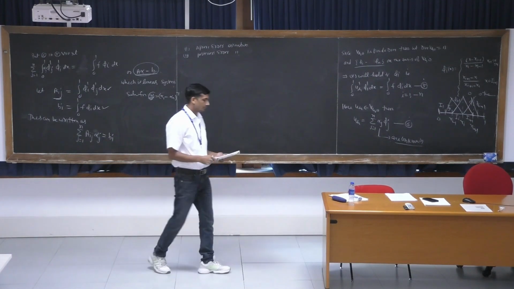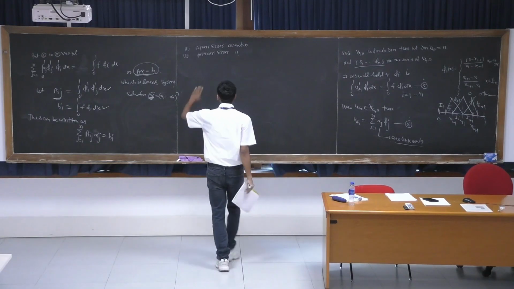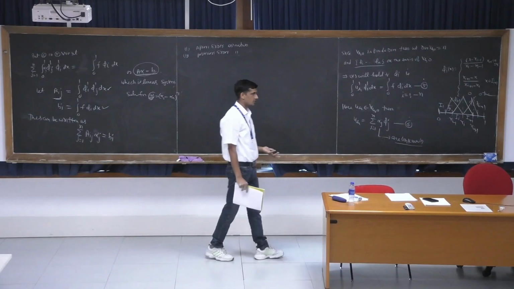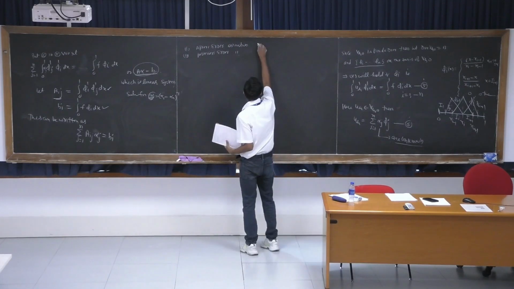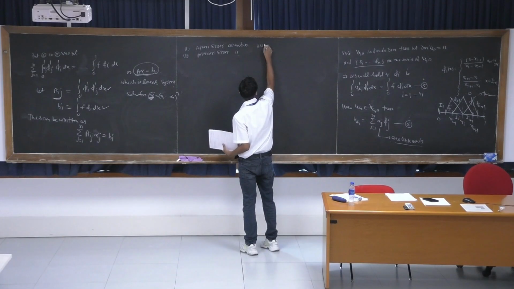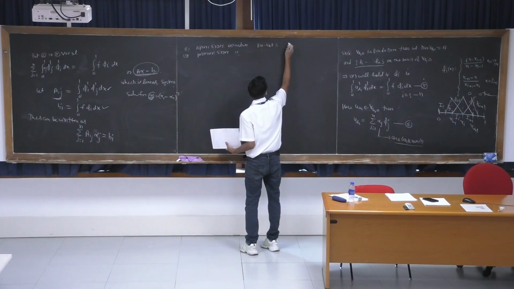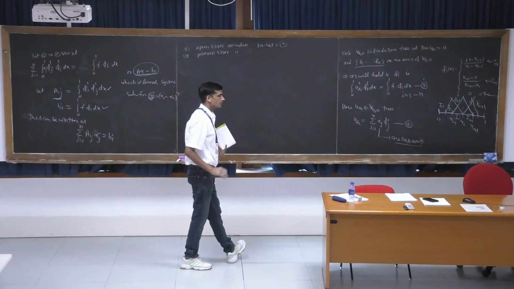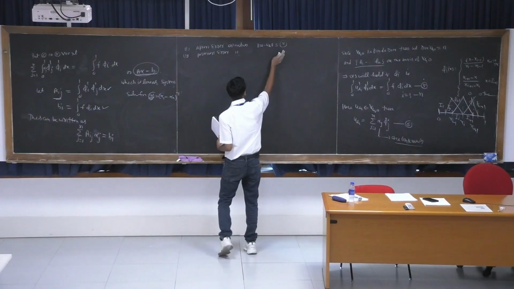In a priori or a posteriori, the question is whether the error bound depends on the exact solution. Suppose u is the exact solution and u_h is your approximate solution; if the error is bounded by something depending upon the exact solution u, then we can say this is the a priori estimate.